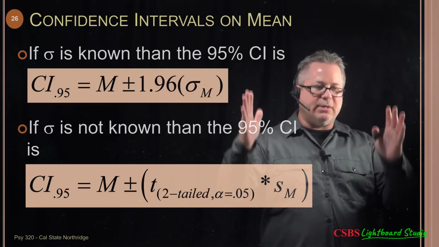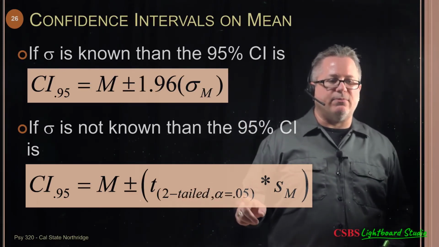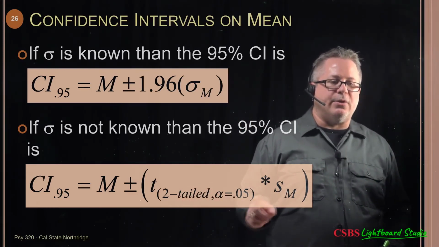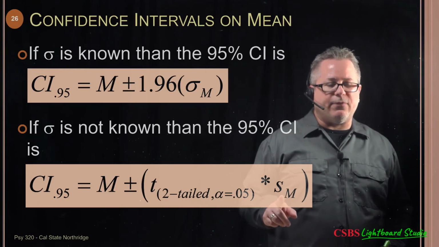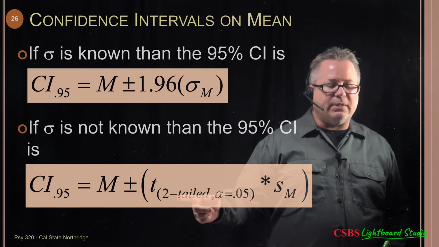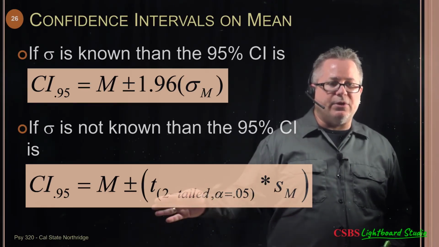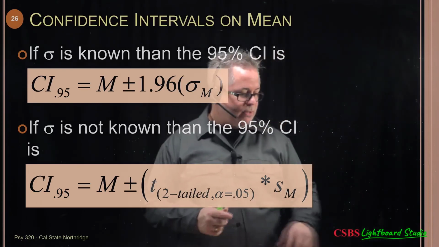So you want there to be two tails, and this should correspond to 95%, or the 0.05 alpha. You're going to take your standard error that you got from your sample and use that as well. So you look up the t value and use your sample-based standard error, and you can get a confidence interval around that without knowing sigma.